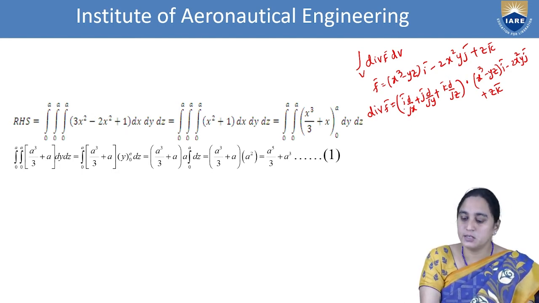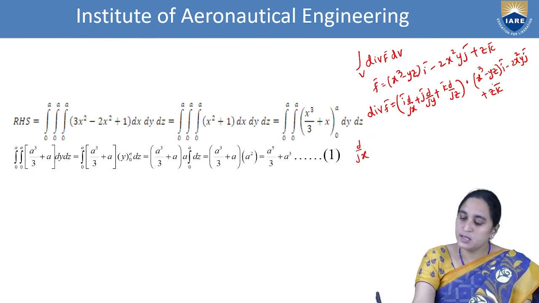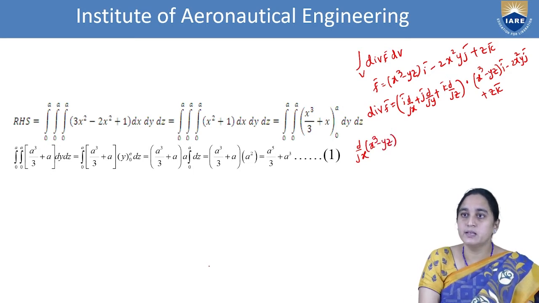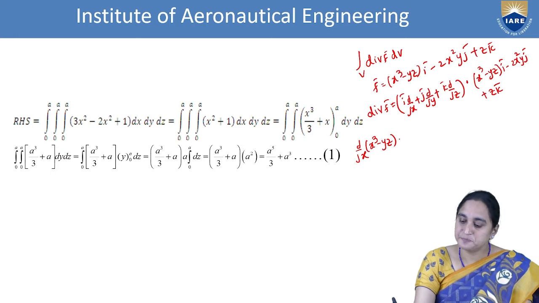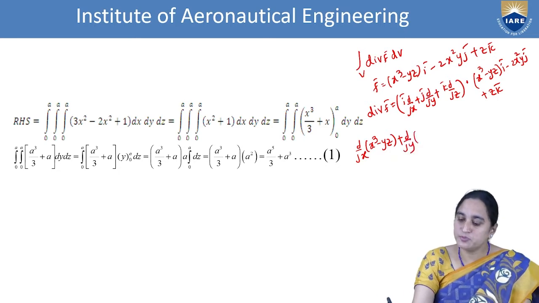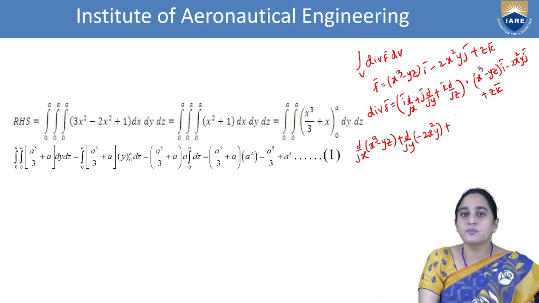The i bar coefficient is dou by dou x of, here the i bar coefficient of f bar is x cube minus yz, plus what is the j bar coefficient? That is dou by dou y of, here the j bar coefficient is minus 2x square y, plus here what is the k bar coefficient?